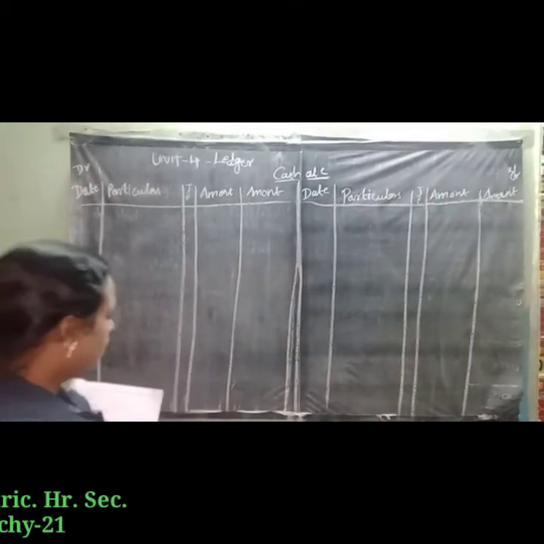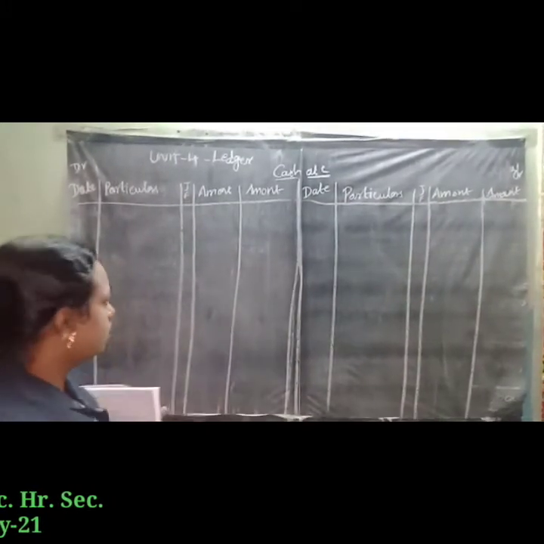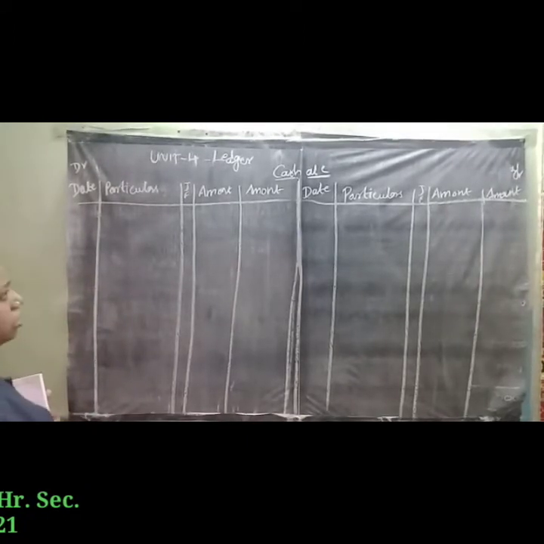In the journal entry, the first one is started business with the cash. What is the entry? Cash account to capital. So cash appears on the debit side.